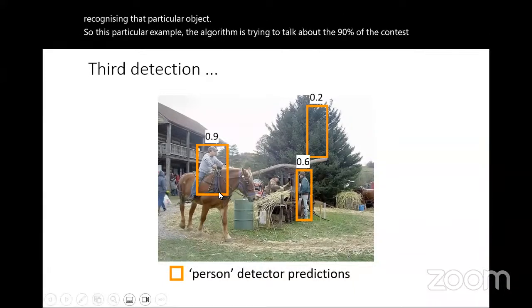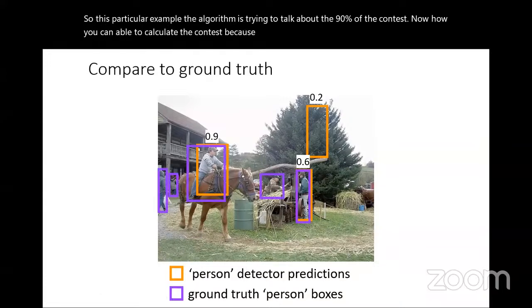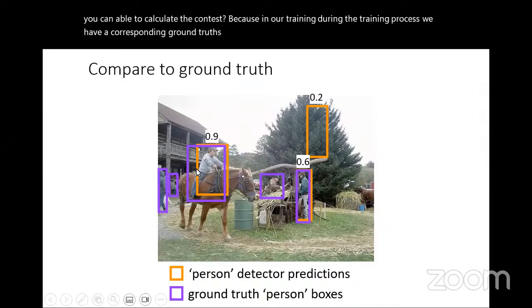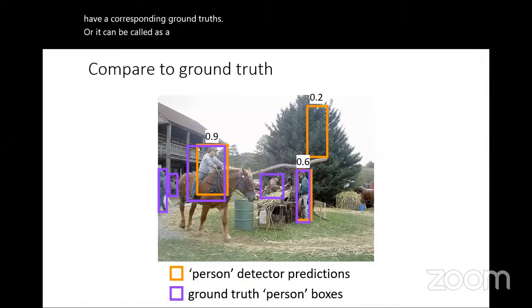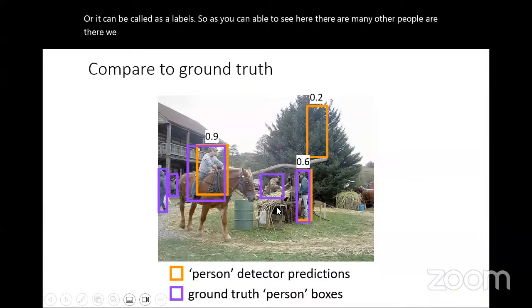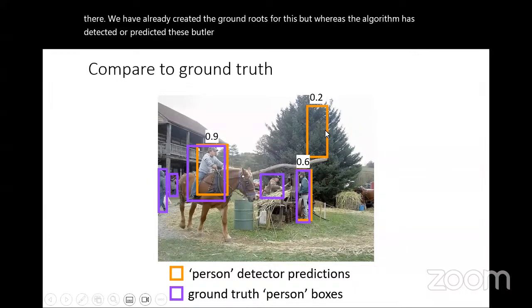Now, how can you calculate the confidence? During the training process, we have corresponding ground truths, which can also be called labels. As you can see here, there are many other people, and we have already created the ground truths for them. But the algorithm has predicted these orange color bounding boxes as output.